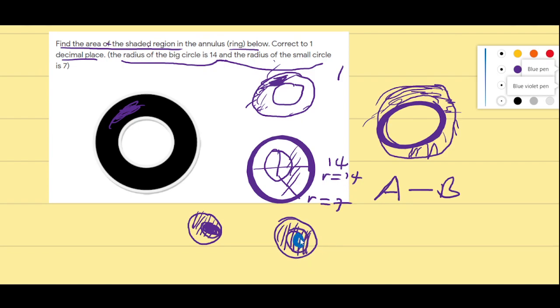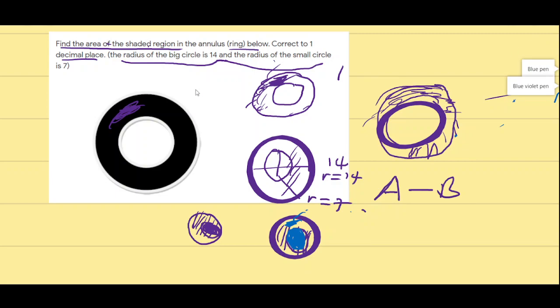What you'll be left with is this part here. So this is the annulus.